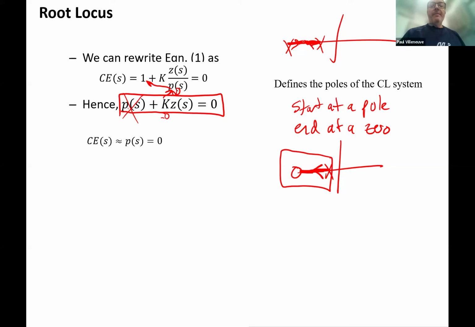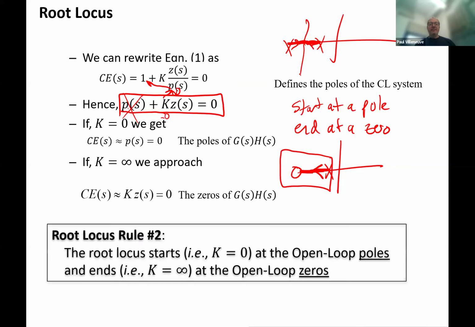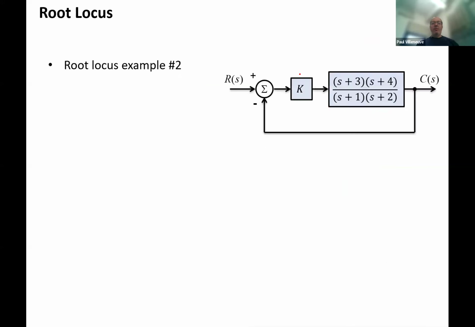And at that point, you have to exit the real axis because you still need to terminate at a zero. And so understanding where you live on the real axis, where the poles and zeros are, where the roots start and where they end is really, really helpful. Okay, so that was our second rule.